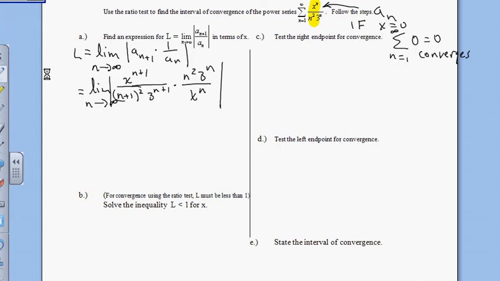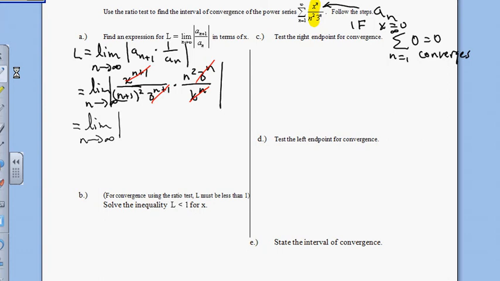Now, we notice that there's certain cancellations that are going to take place here between the powers of x and the powers of 3. And you can supply the details there.